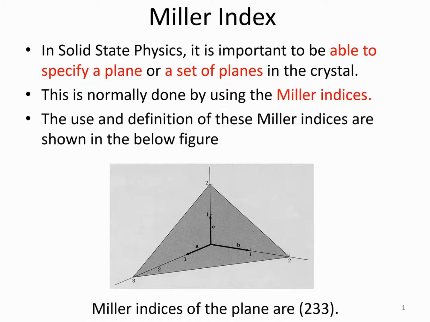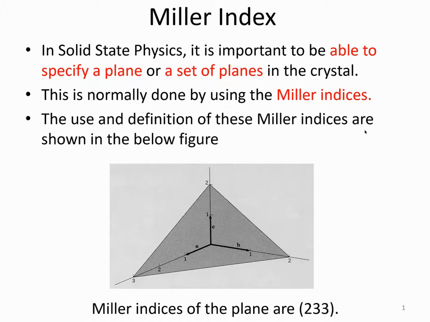So when you want to convert the real lattice to the reciprocal lattice through the inversion, this Miller index plays a very important role. Therefore, before we move into that chapter, I will introduce this Miller index.